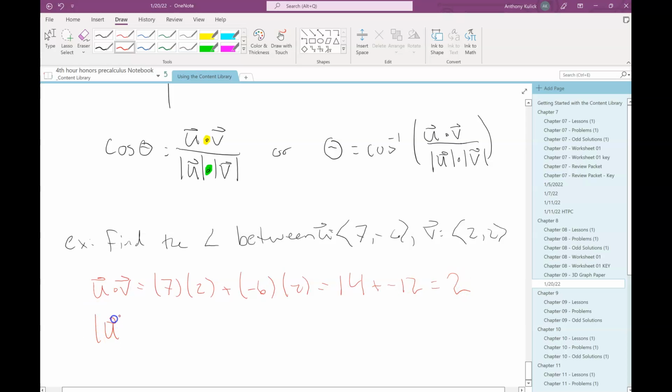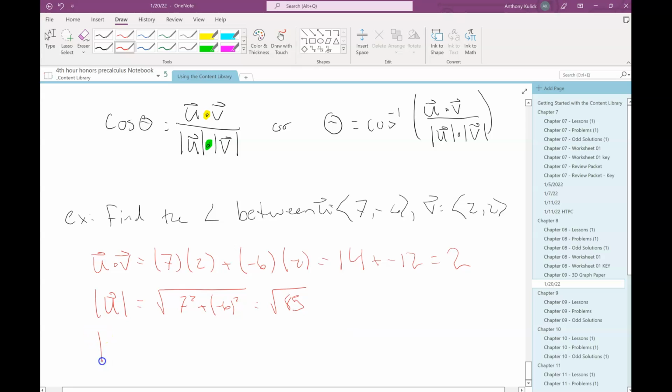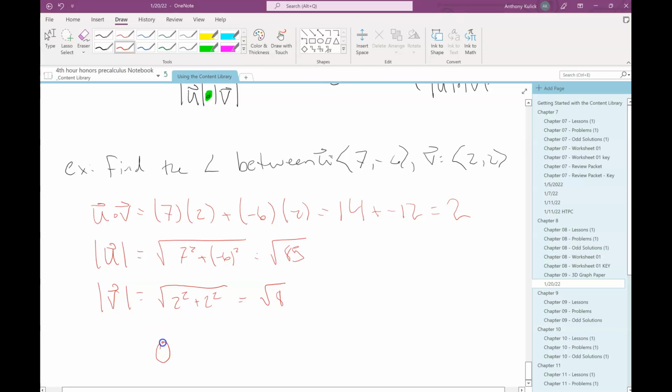I'm going to need the magnitude of u: 49 plus 36 is 85. And then the magnitude of v: 2 squared plus 2 squared, that's square root of 8.